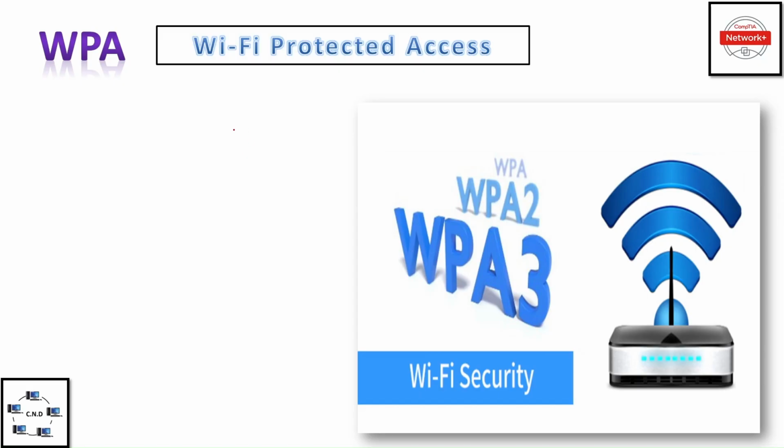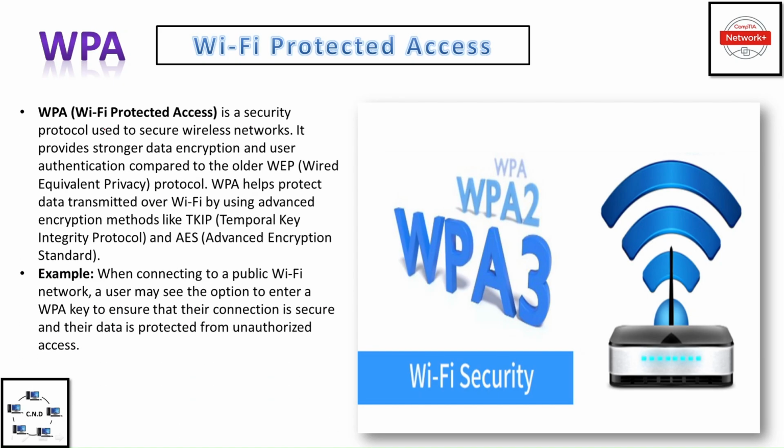WPA, Wi-Fi Protected Access. WPA, Wi-Fi Protected Access, is a security protocol used to secure wireless networks. It provides stronger data encryption and user authentication compared to the older WEP, Wired Equivalent Privacy, protocol. WPA helps protect data transmitted over Wi-Fi by using advanced encryption methods like TKIP, that is Temporal Key Integrity Protocol, and AES, Advanced Encryption Standard.